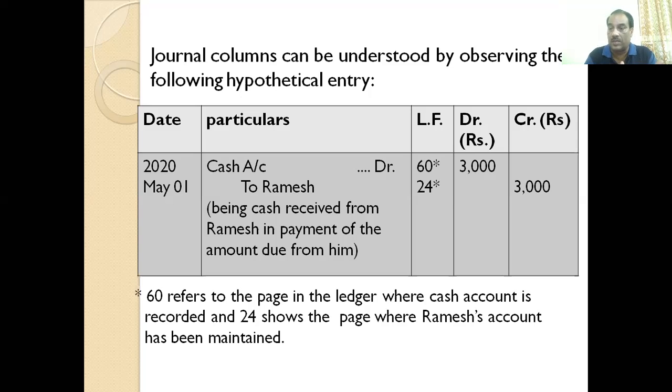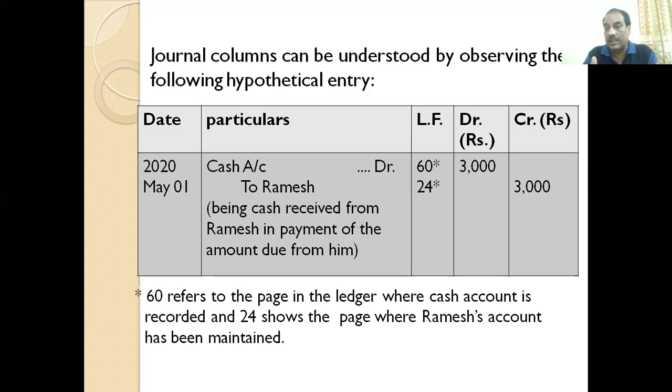And the Ramesh personal account is maintained at page number 24, so it is written as 24. Ramesh has paid 3,000 into the cash account, so the amount 3,000 has been debited, written under the debit column, and again the same amount has been credited to Ramesh because Ramesh has paid that.